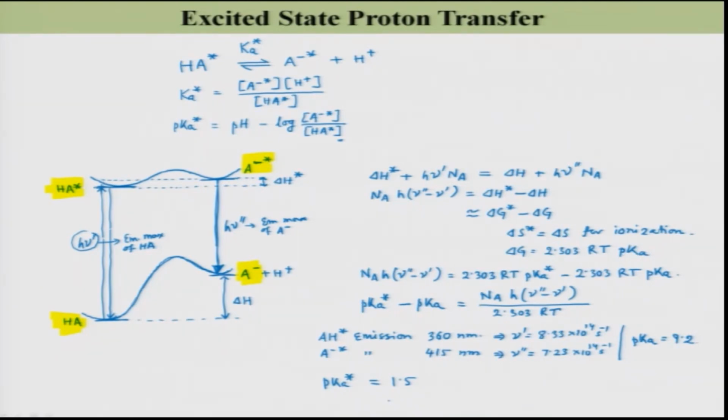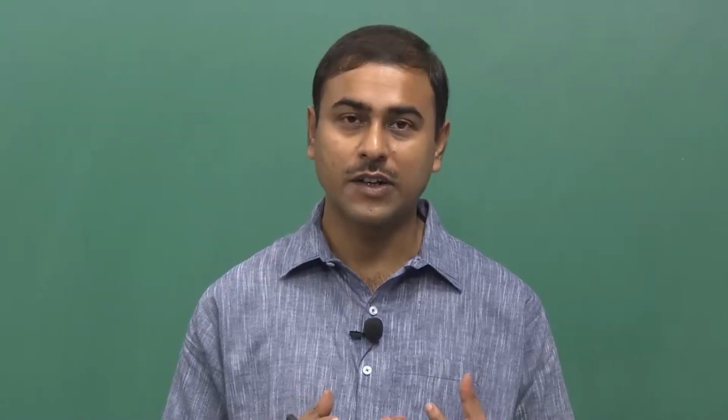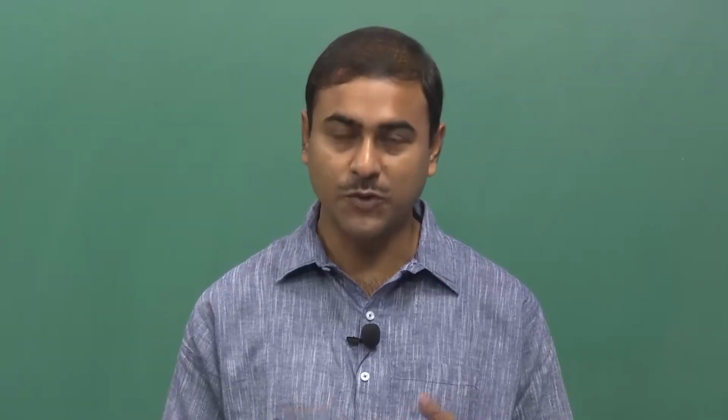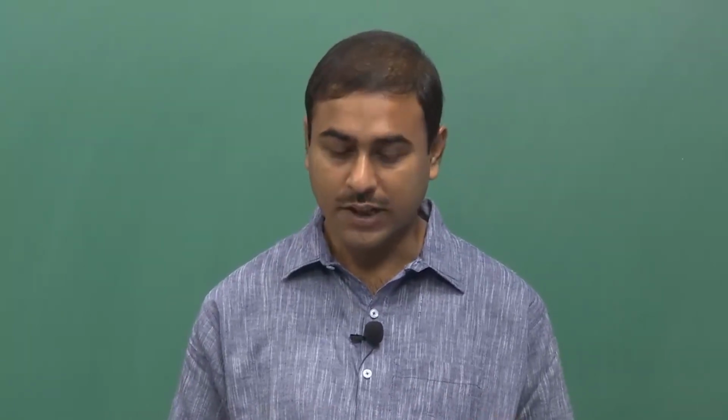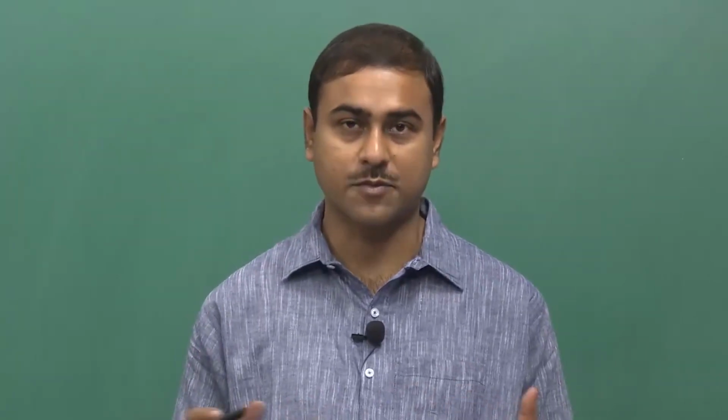Okay. So, now we should discuss the rate of this proton transfer. This is the pK star, right, whether in the excited state the proton is more labile or not, and how to find out, that is what I have done now, right. But I should tell you how we will find out the rate of such kind of reaction, acid proton transfer.